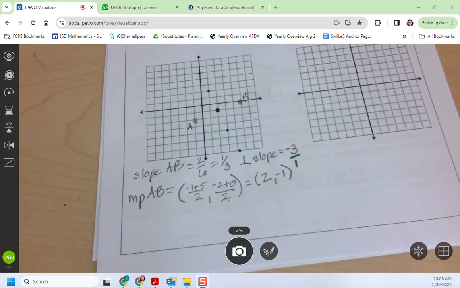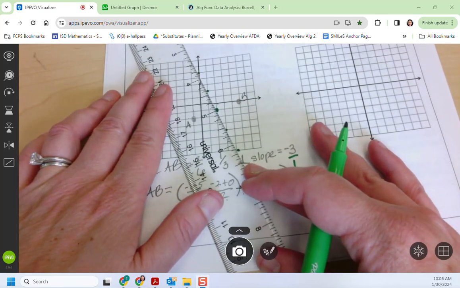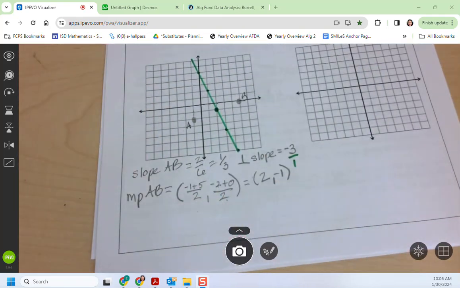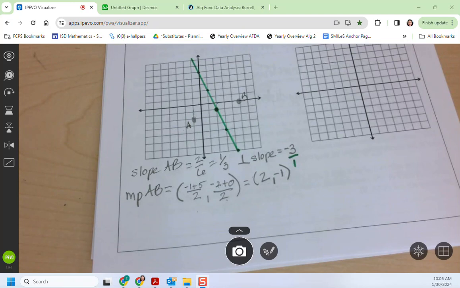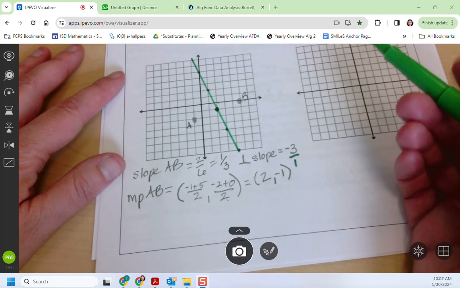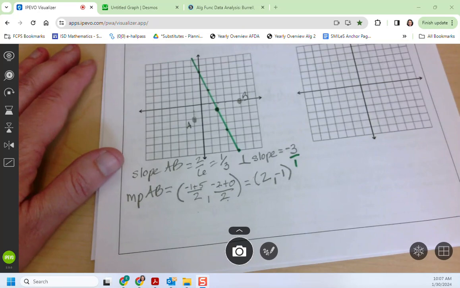And then you want to draw that line to separate them. This is a very simple one because we only have 2 sites. So this half of the graph is closer to A, this half of the graph is closer to B.